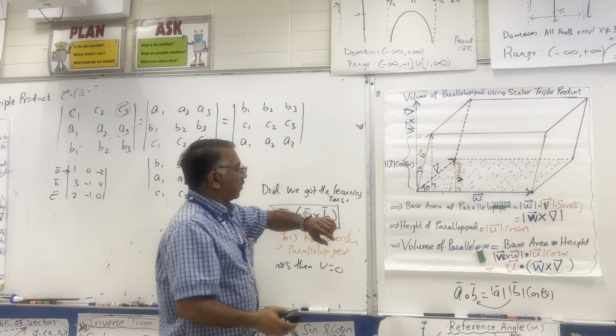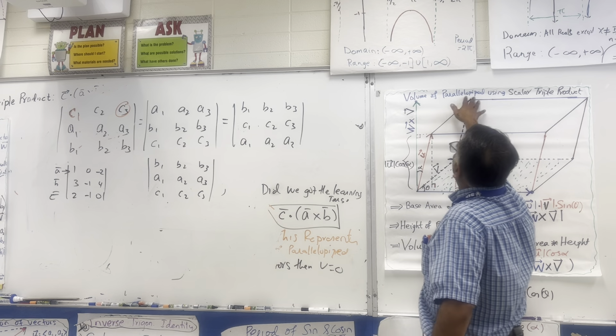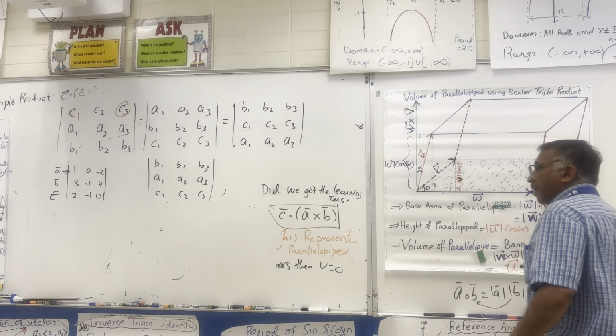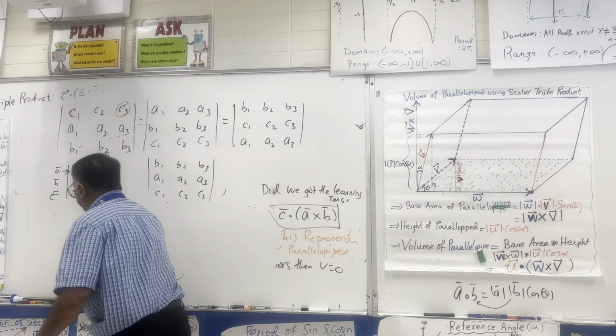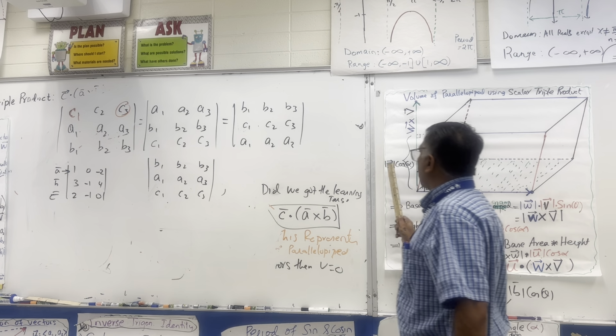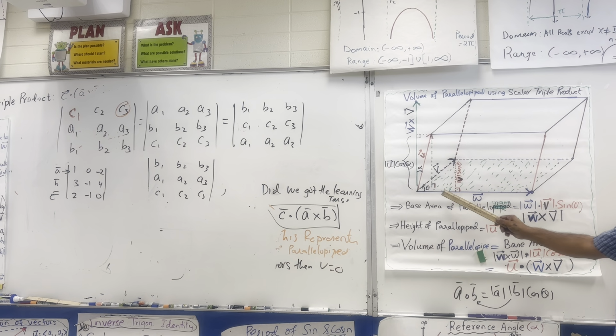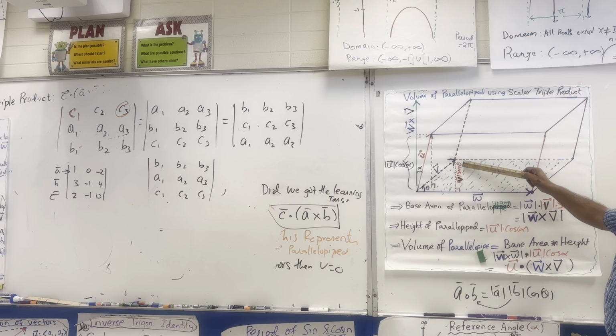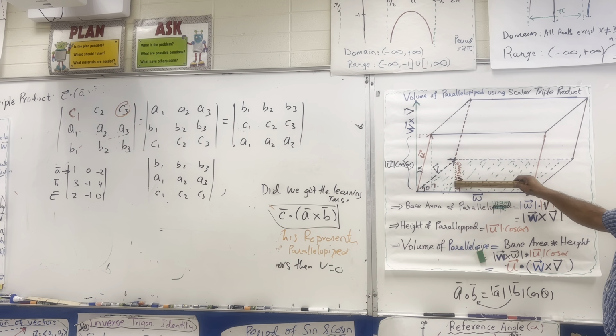In this chart, what I did was I said volume of a parallelepiped. Instead of A, B, C, I started with W and then V, and I used this triangle to get the height of the parallelogram, which is vector V sine theta.